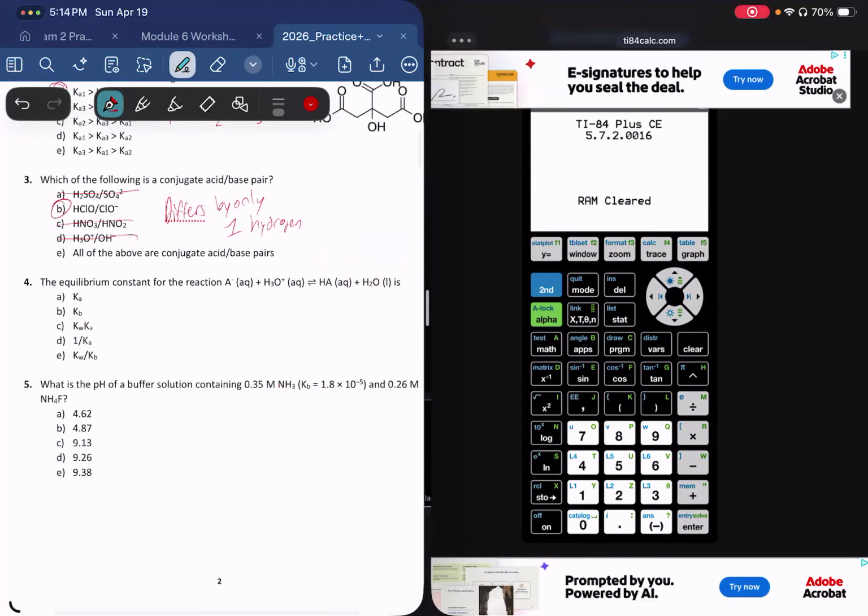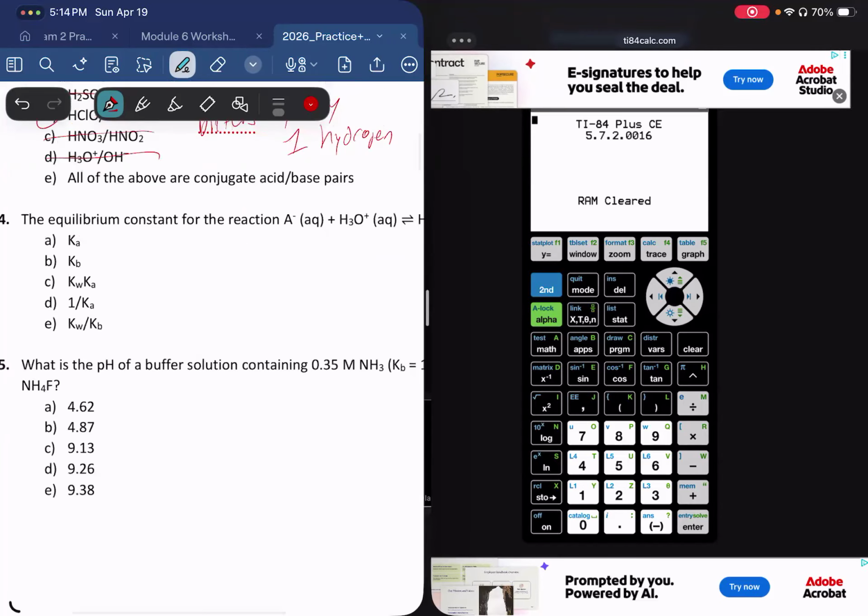All right. Four deals with an equilibrium constant expression, or it's asking you to figure out the equilibrium constant. If you guys are familiar, Ka represents the dissociation of an acid. It goes with water and produces hydronium and the anion. That's Ka.